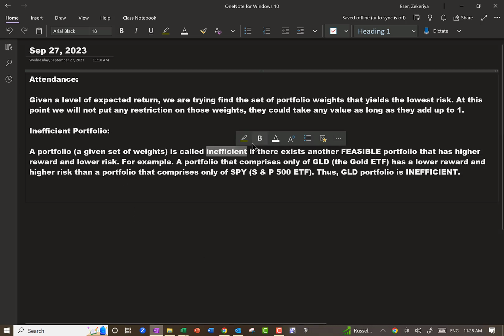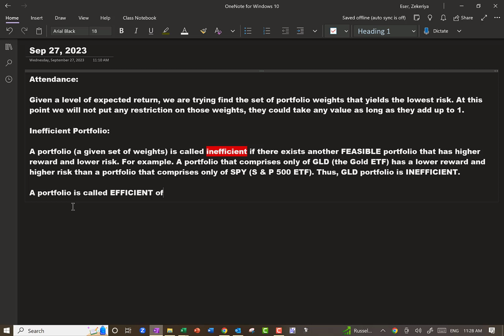So let's highlight that. The portfolio is called efficient if there exists no other feasible portfolio that has a higher reward and lower risk.